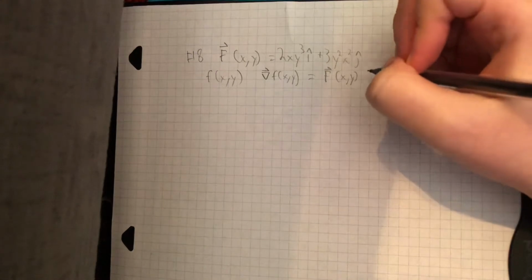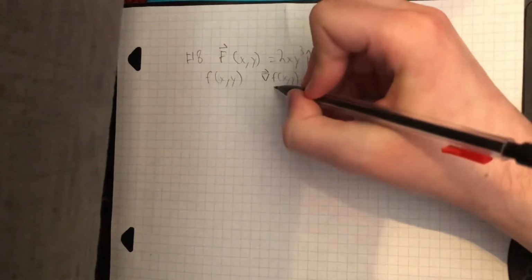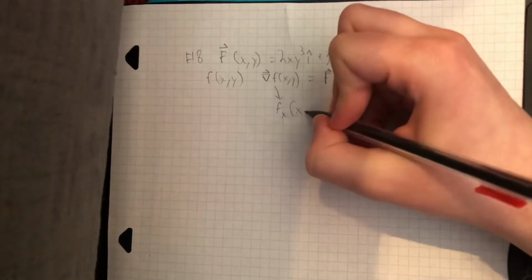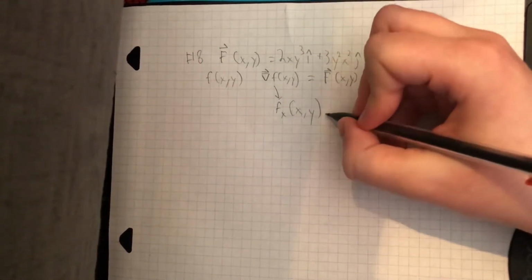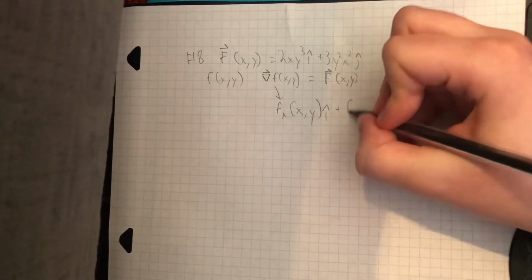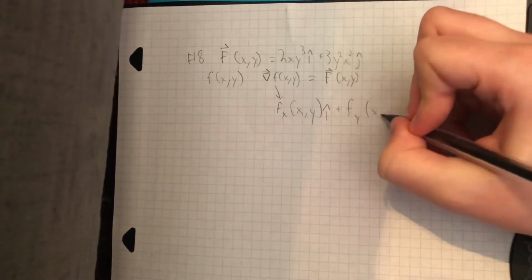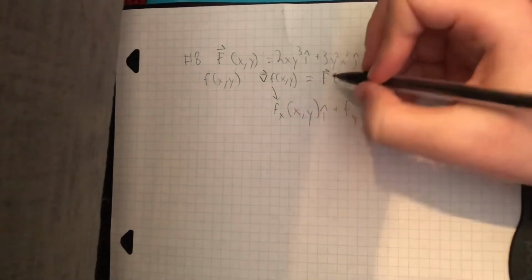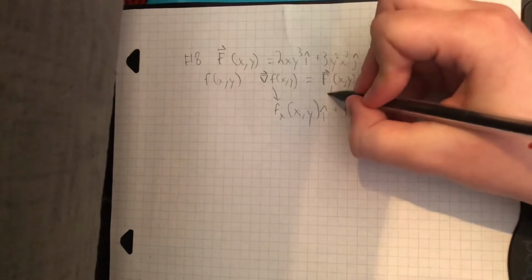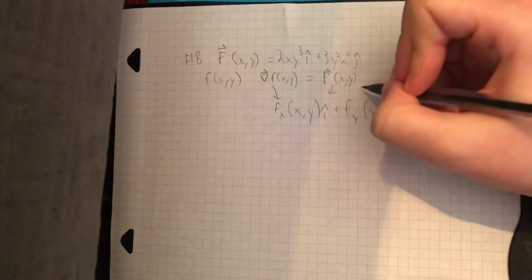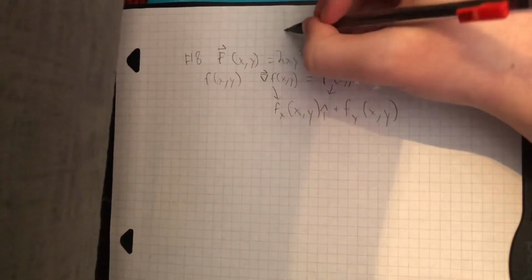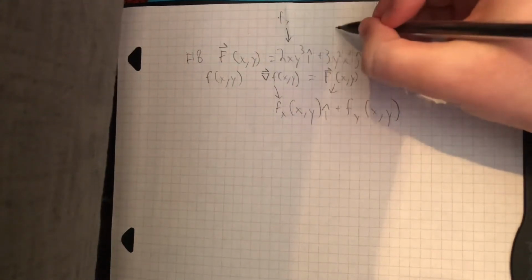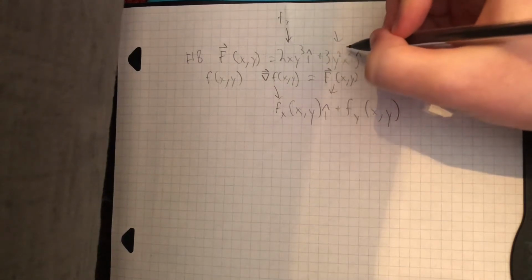The gradient is really equal to the partial derivative with respect to x of f i, plus the partial derivative with respect to y of f j. And that means that this is also how we define the vector field F. So this term right here, 2xy cubed, must be f sub x, and this 3y squared x squared must be f sub y.